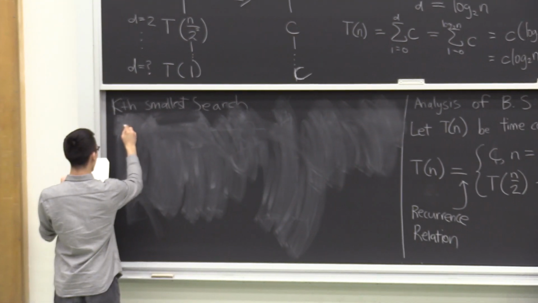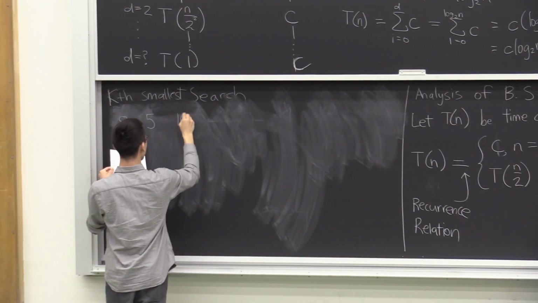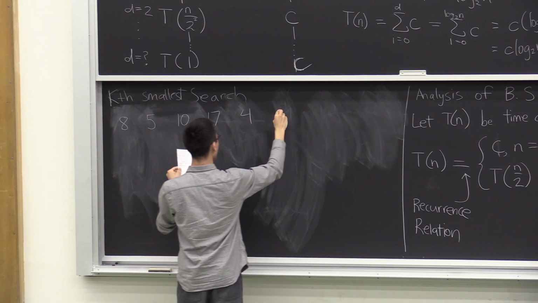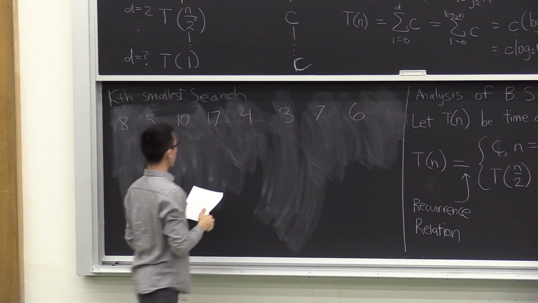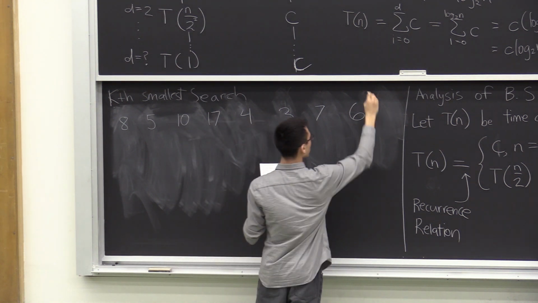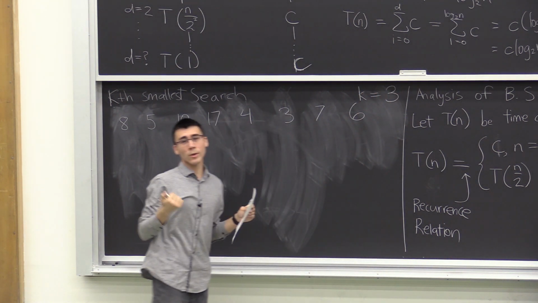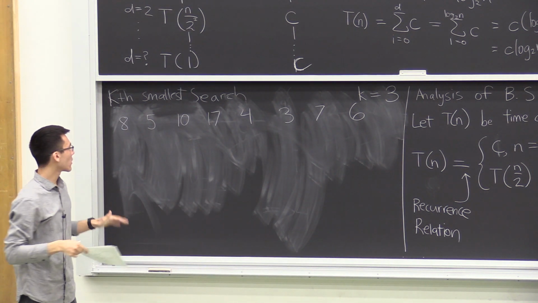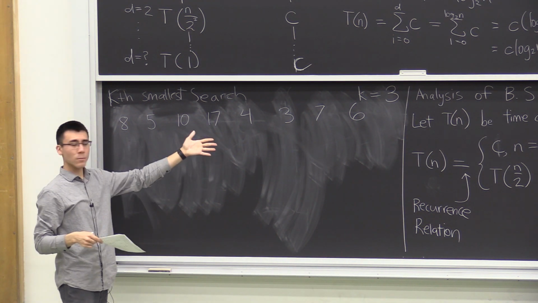So let's suppose we had, like this, 8, 5, 10, 17, 4, 3, 7, and 6. And let's set k equal to 3.